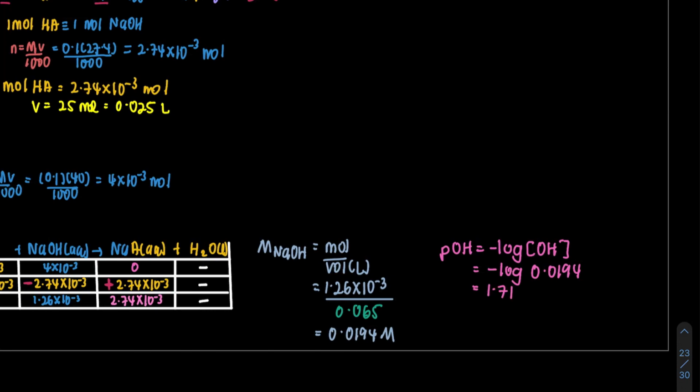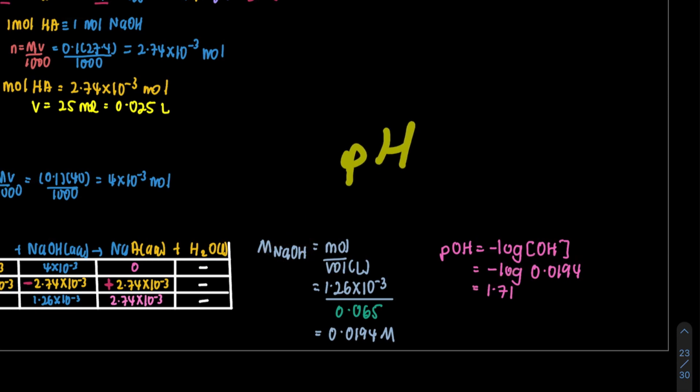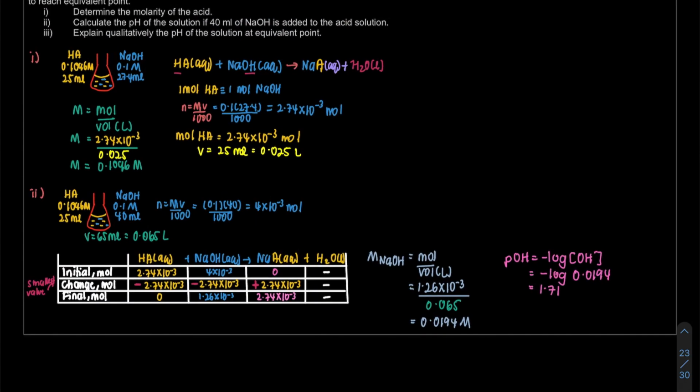Okay? Because we have our sodium hydroxide, Na plus OH minus. So we're going to find the pOH first. It's not the pH. Okay? But then the question asks for the pH.